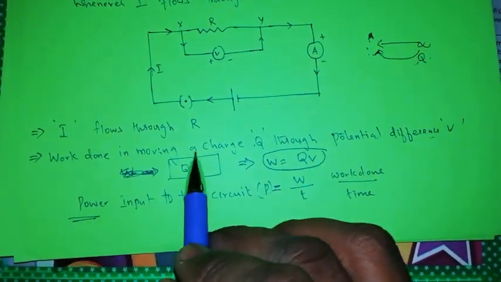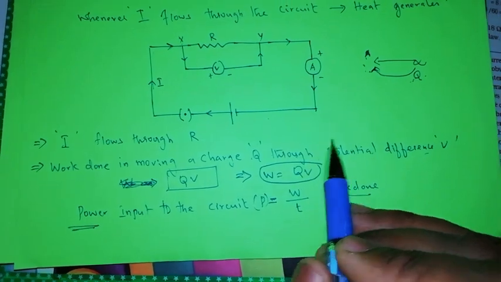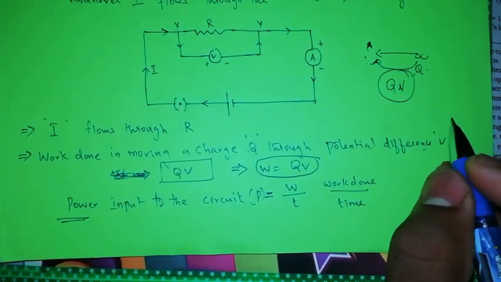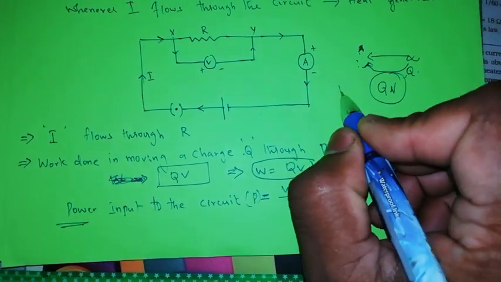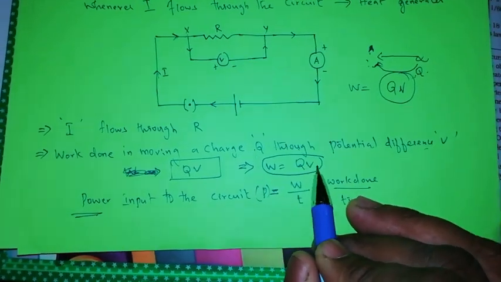So the work done in moving a charge Q through potential difference V is nothing but QV, right? So work done is equal to QV.